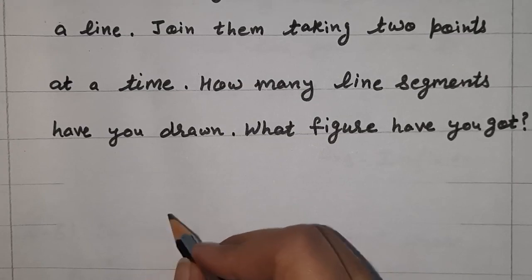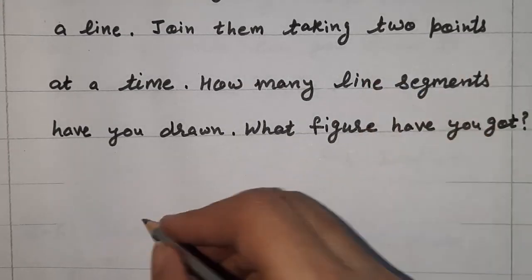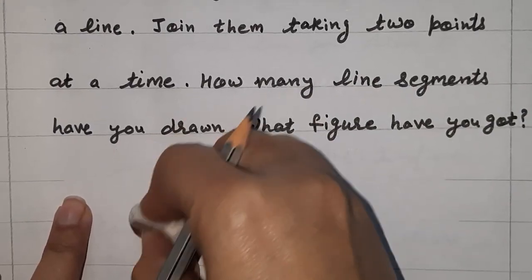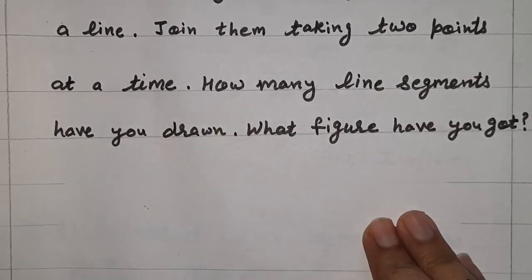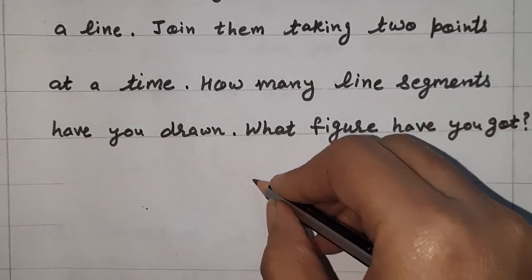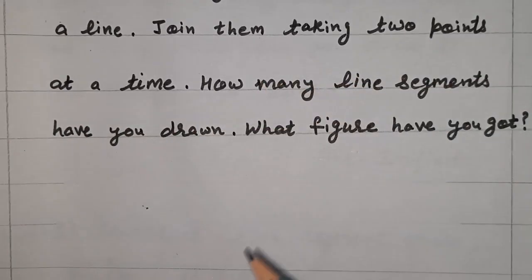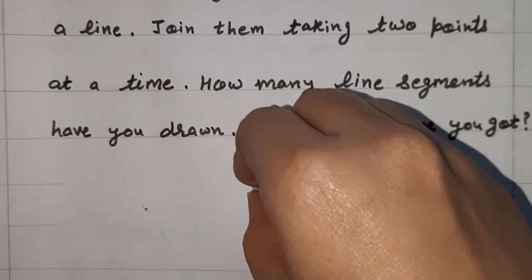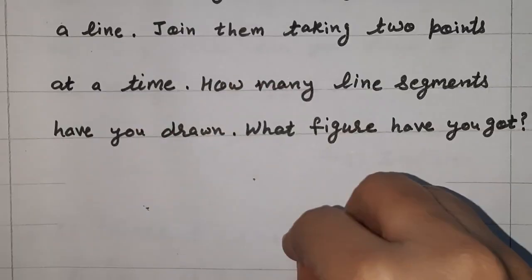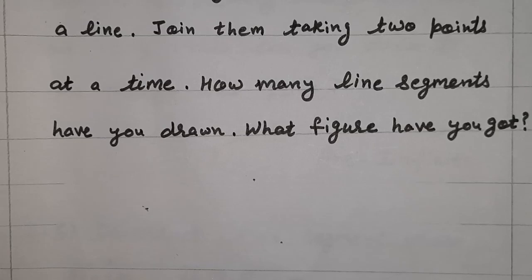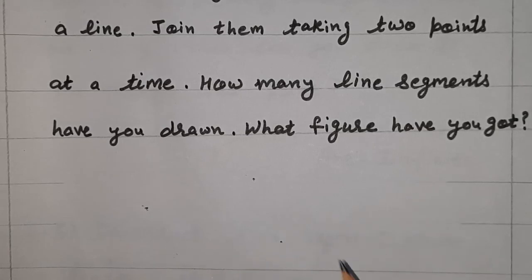So what is it? Mark 3 points on a piece of paper. See, it should be drawn with a sharp pencil. Condition is these are not in a line. So 1, 2, 3. Join them taking 2 points at a time.